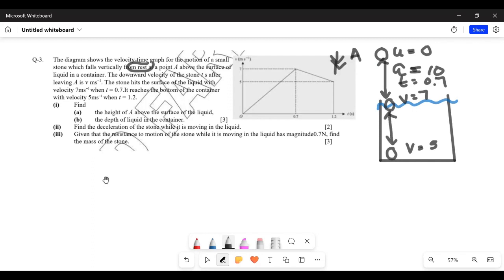So the time from here to here would be 1.2 minus 0.7, that would be 0.5 seconds. So from the top to the surface of the water, it takes 0.7 seconds, and the total to the bottom of the container is 1.2 seconds. So that means 0.5 seconds inside the container.